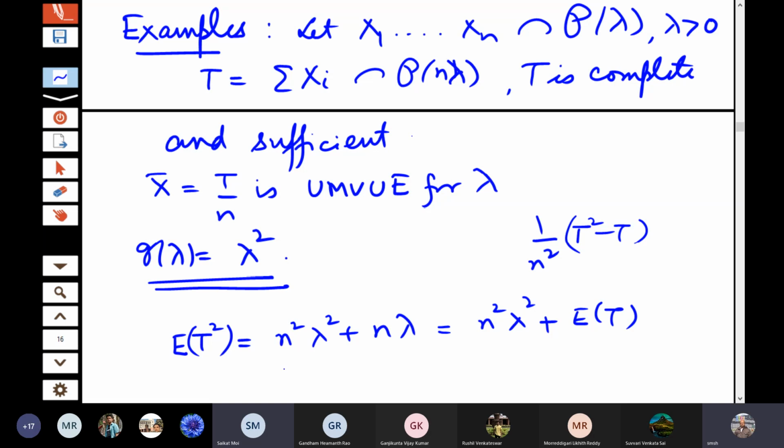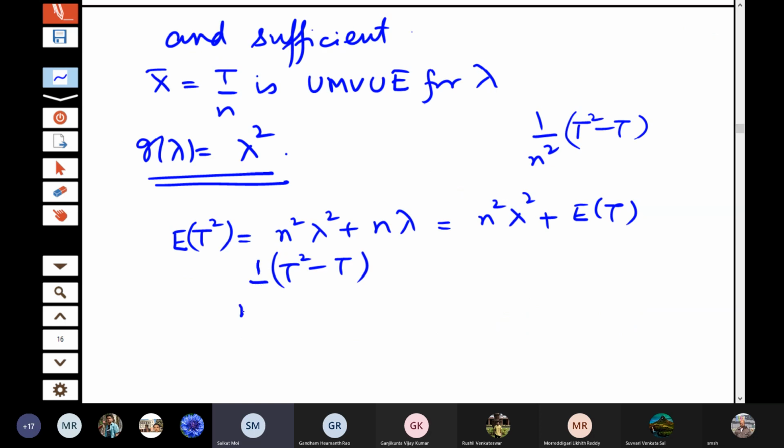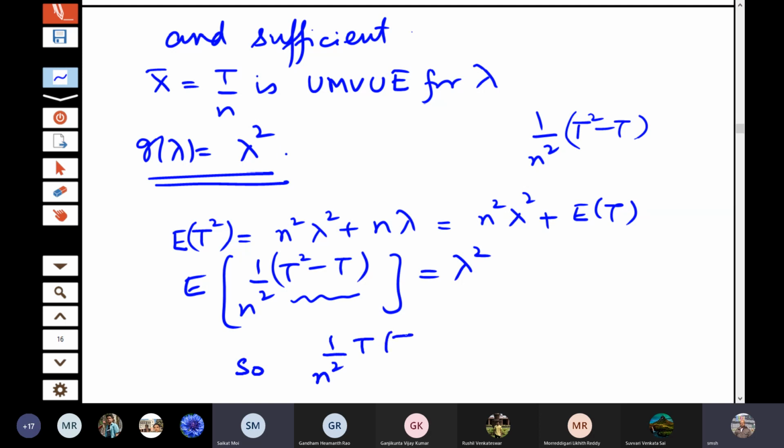So this we bring to the left hand side. So t square minus t by n square, expectation of this will become lambda square. So this is a function of complete sufficient statistics. So we get that 1 by n square t into t minus 1 is UMVUE of lambda square.